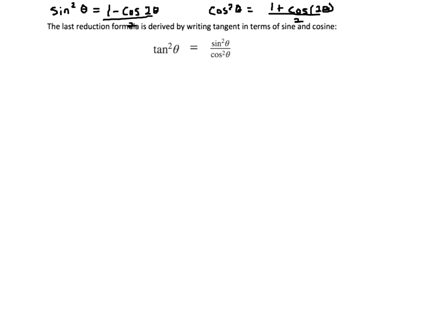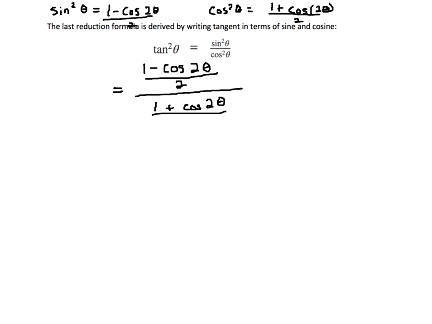Okay, so this looks really nasty to begin with, but it's not bad at all. So my sine squared theta is 1 minus cosine 2 theta over 2, and that's big divided by 1 plus cosine 2 theta over 2. Well, I never divide fractions, I multiply by the reciprocal.